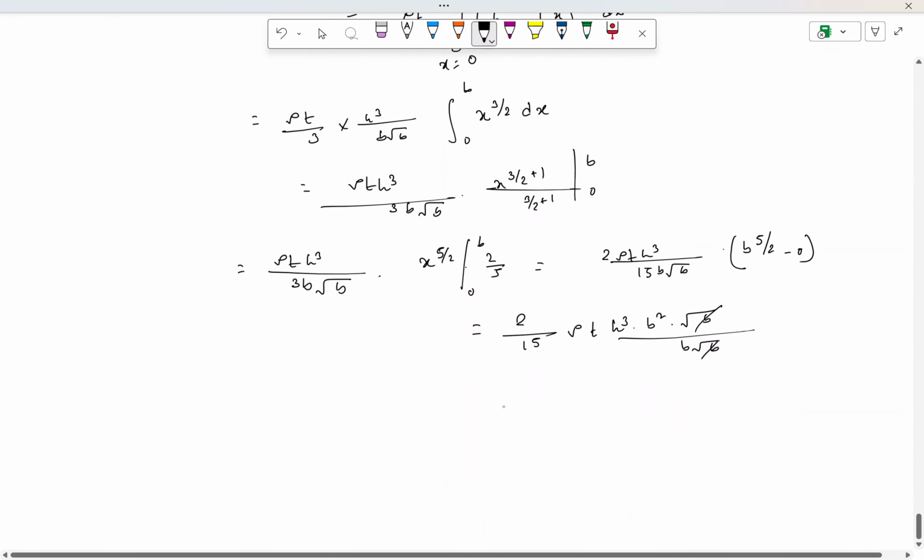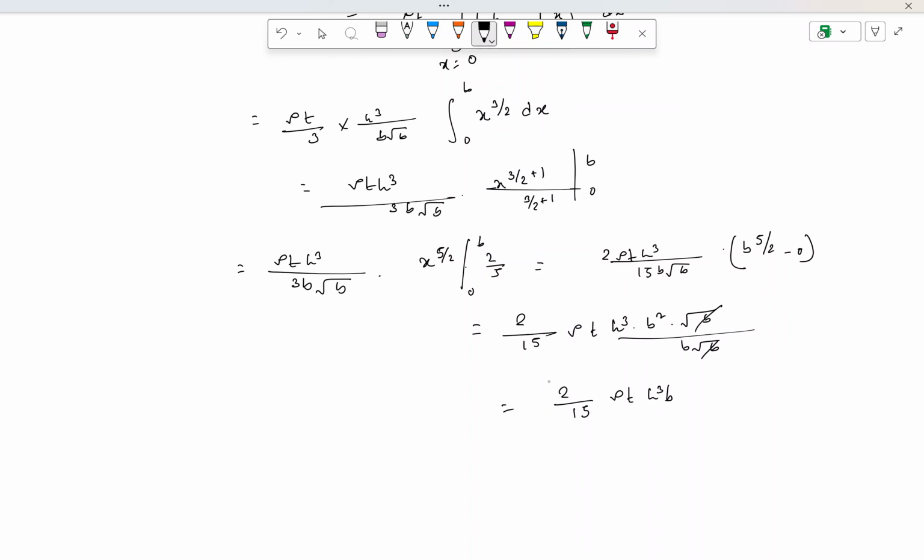So this cancelled out and you get your final answer as 2 by 15 rho t h cube b.